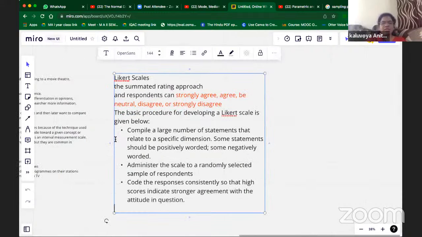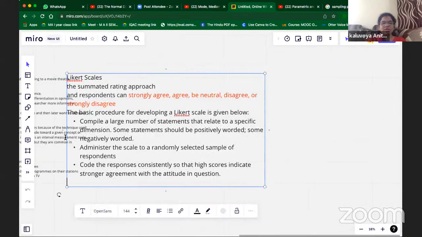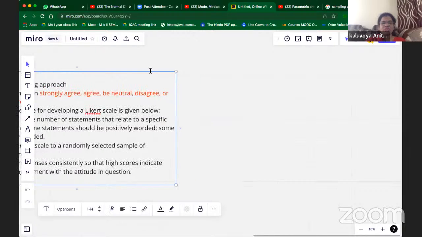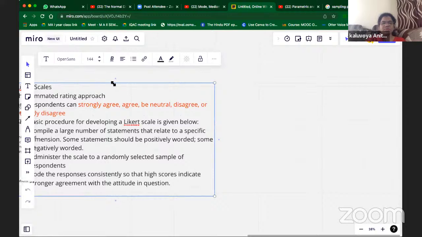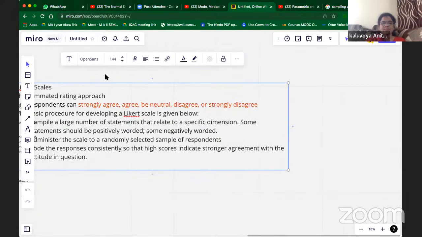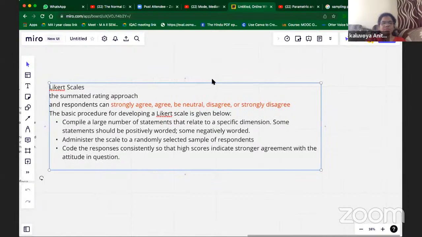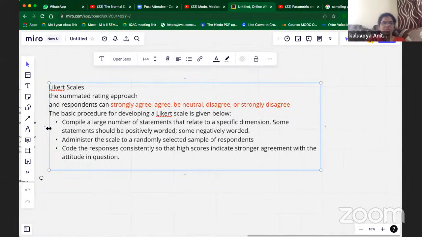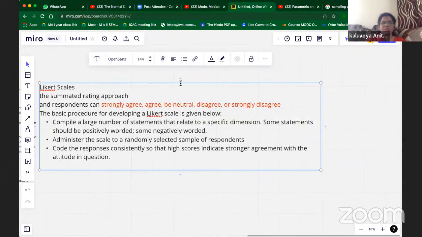So here are some basic things that you must learn with regards to this. Let me just place this. Right. I'm just adjusting so that you'll be able to easily see this.